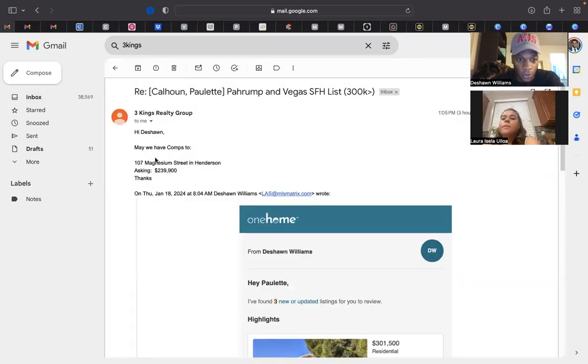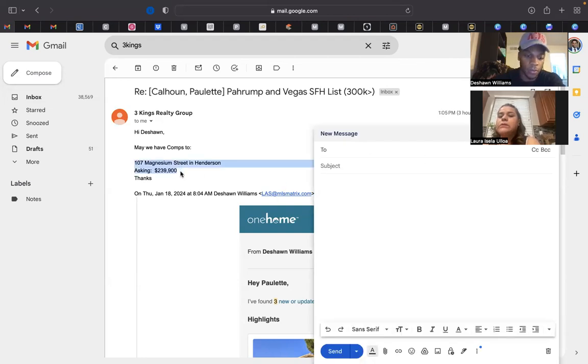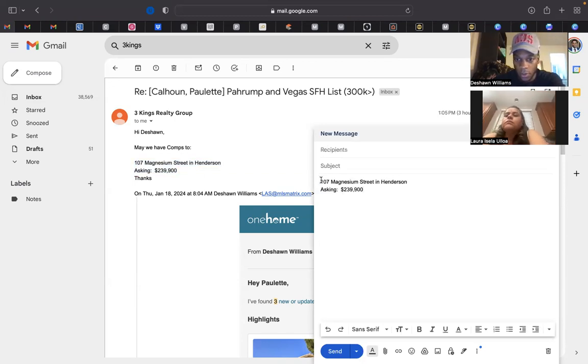Then we have comps for 107 Magnesium Street in Henderson, asking for $239,900. So we're going to do 107 Magnesium Street.